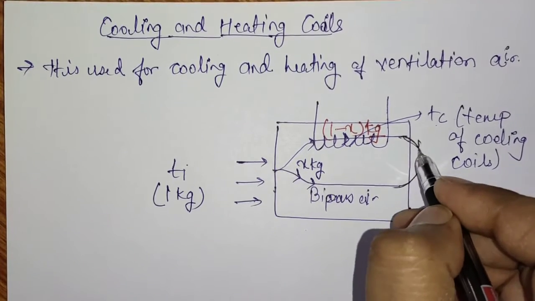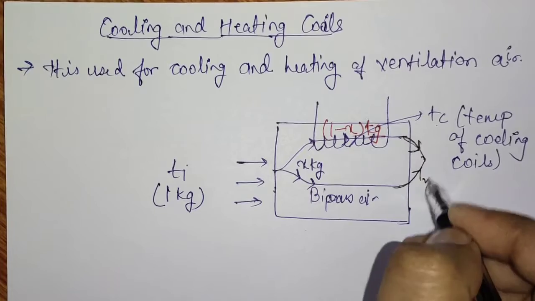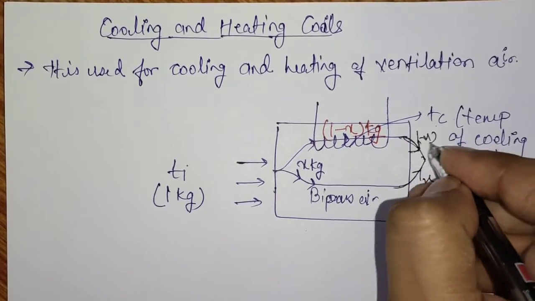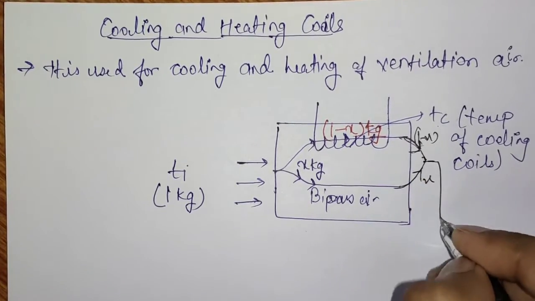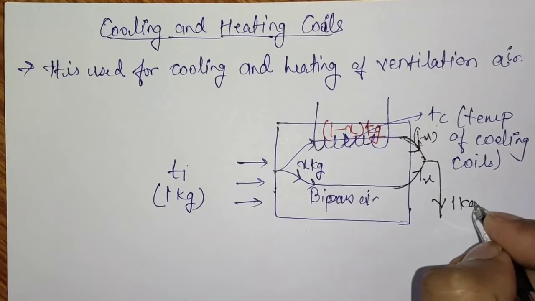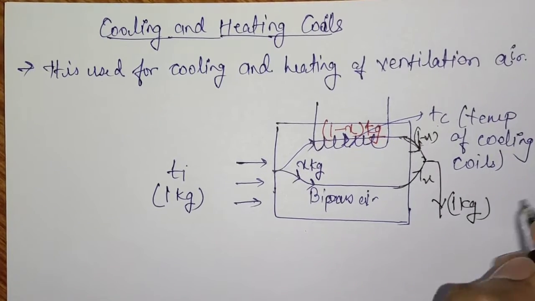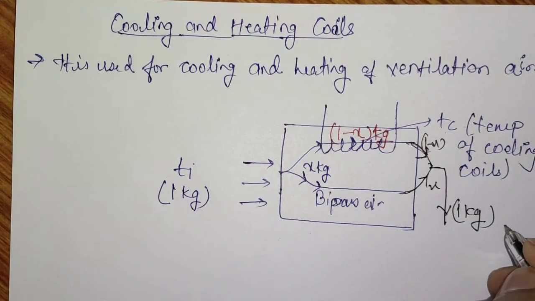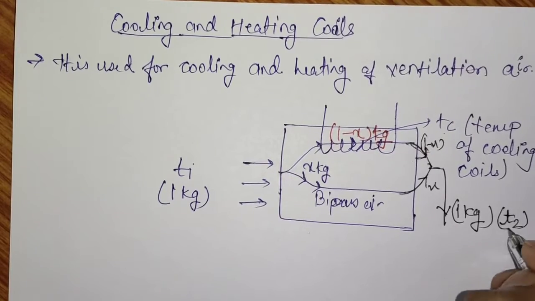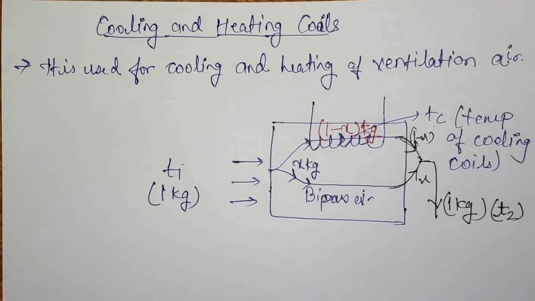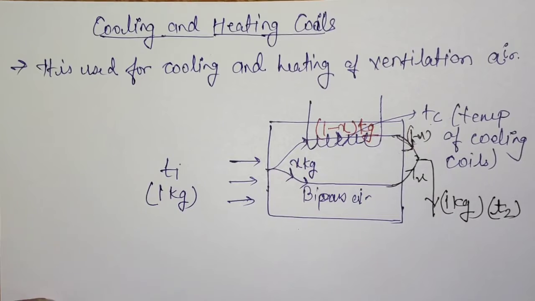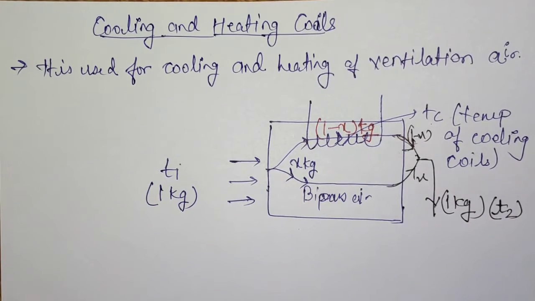The 1 minus x kg of cooled air and x kg of uncooled air will mix, and finally 1 kg of complete air will be available, but at a different temperature, T2. The temperature T2 is lower than T1 but higher than Tc. This process happening here is a cooling and dehumidification process.